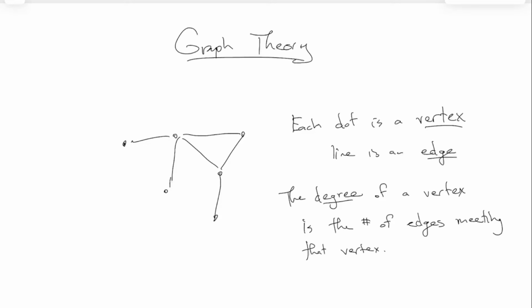So in this example, if I were to write down the degrees of each of these vertices, like this one over here, can anybody say what's the degree? Show me the fingers. How many edges are touching this dot here? The fingers say 2, right? I see 2 edges. So the degree of this one is 2.